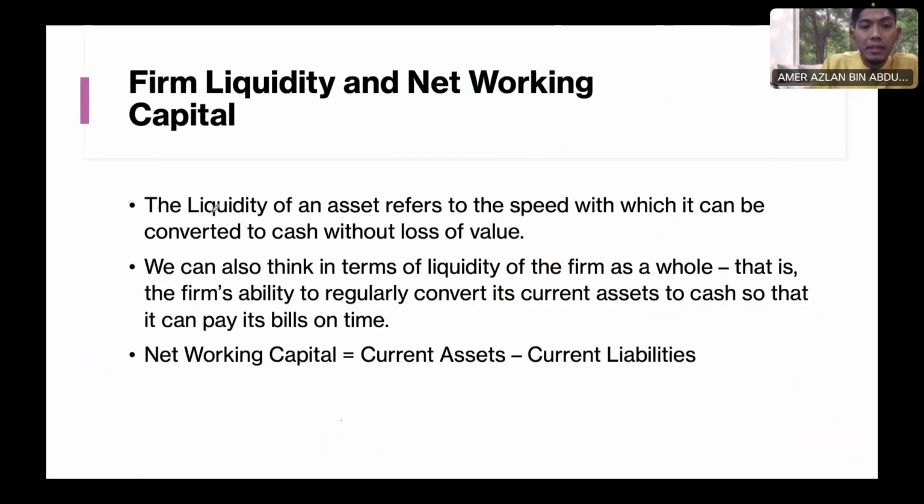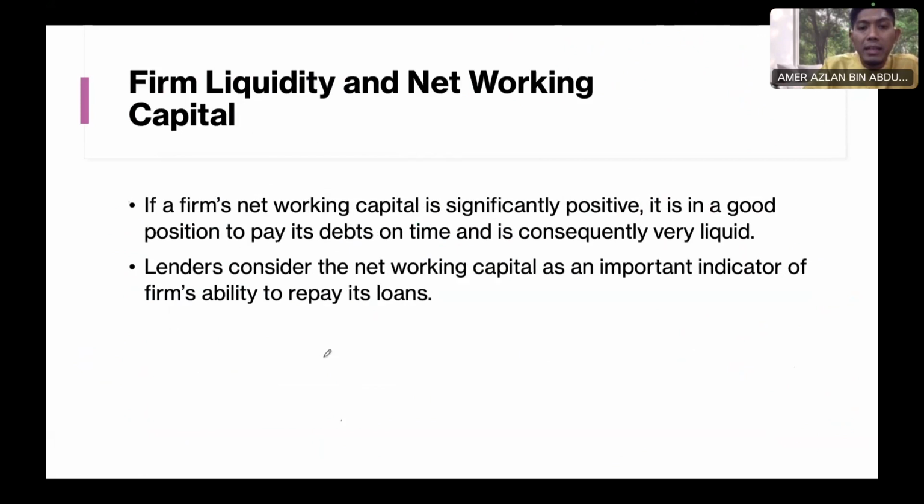The liquidity of an asset refers to the speed with which it can be converted to cash without loss of value. How? By looking at the net working capital. If the net working capital is significantly positive, we can say that the company is in a good position to pay their debts on time and is consequently very liquid.